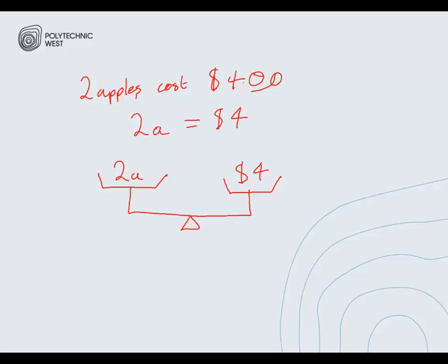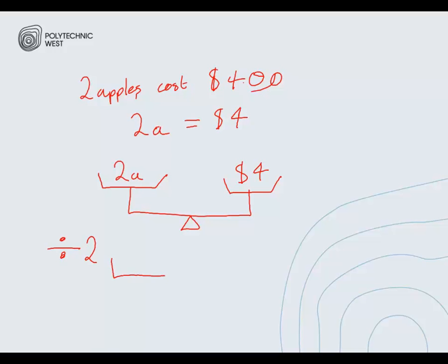Now the rule, if I want to know how much an apple is worth, is that whatever you do to one side, you must do to the other. So I'm going to divide both sides by 2.